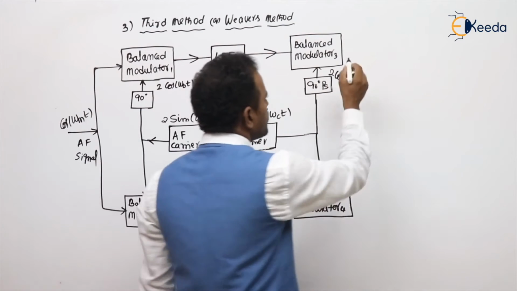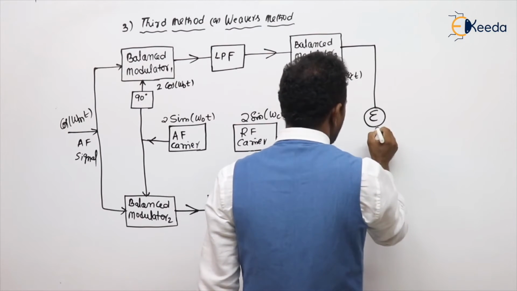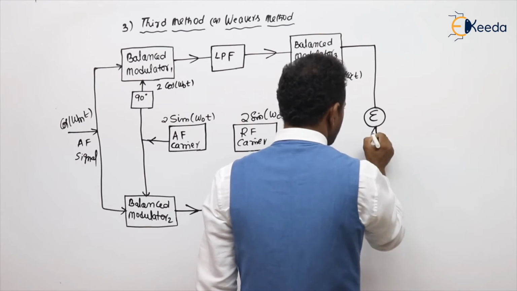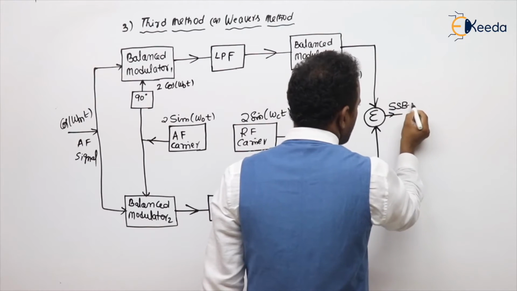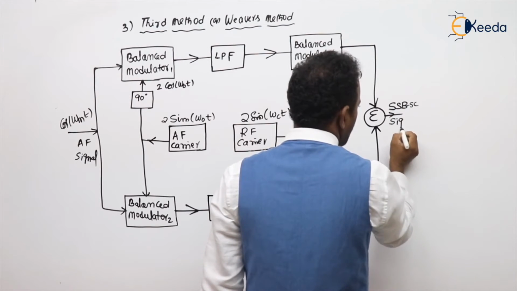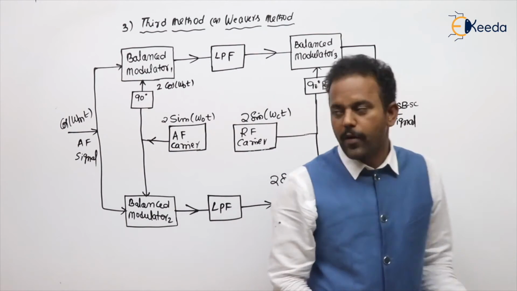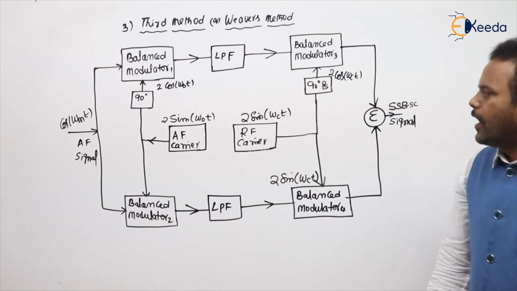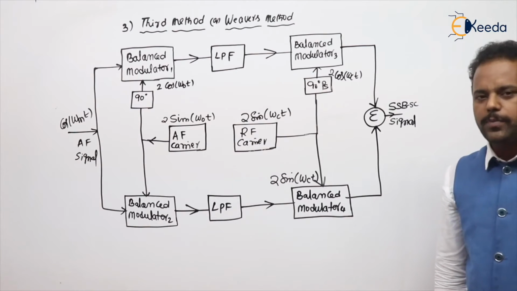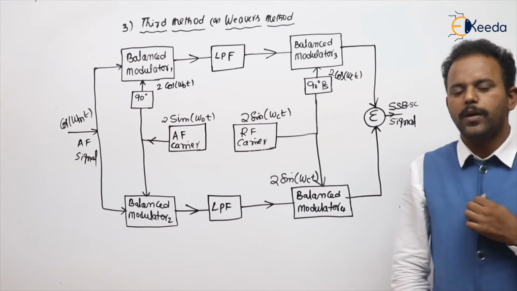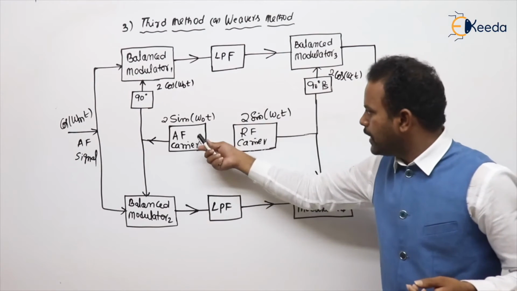Now both these outputs we are taking and giving to the summer. Then what you will get is the SSB-SC signal. This is the complete block diagram of the third method, or Weaver's method. The special thing in Weaver's method, I already told, is by using the concept of the phase shift method, here we are taking an intermediate carrier.